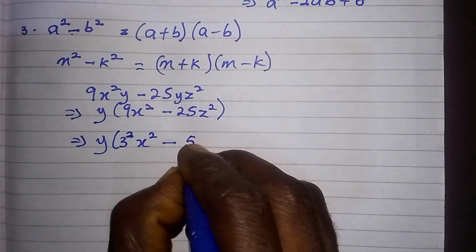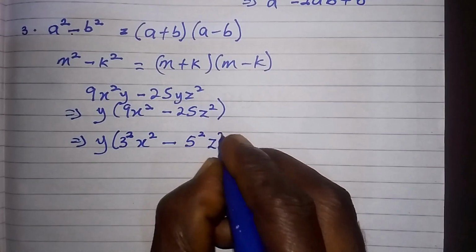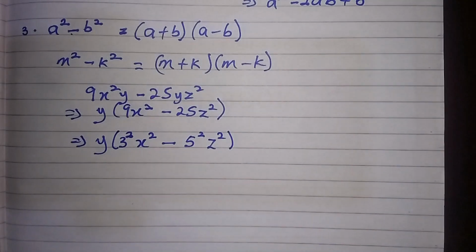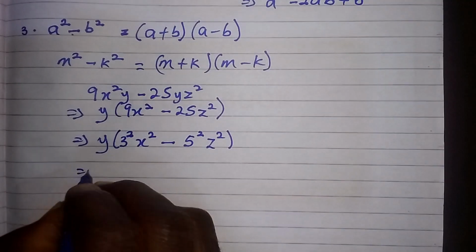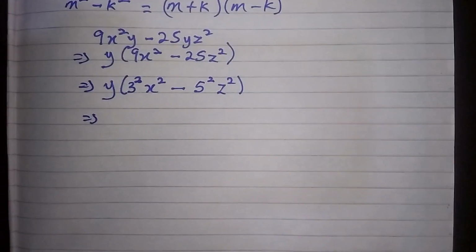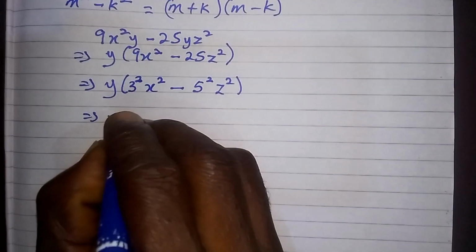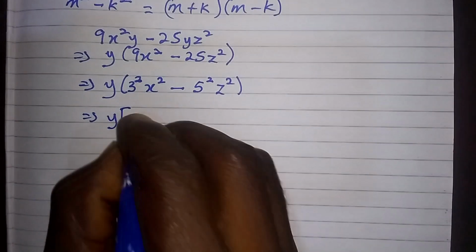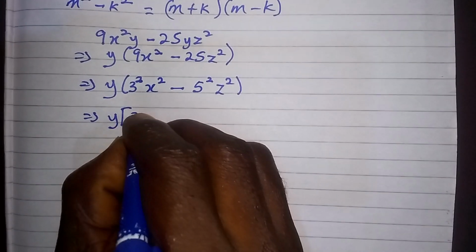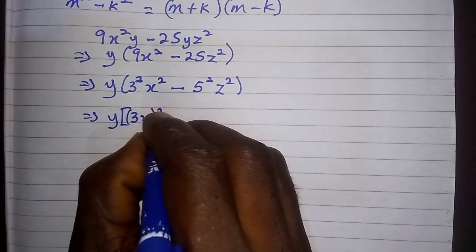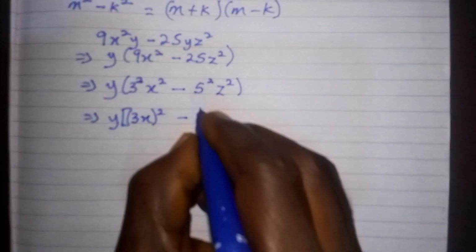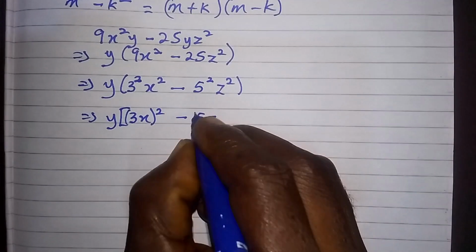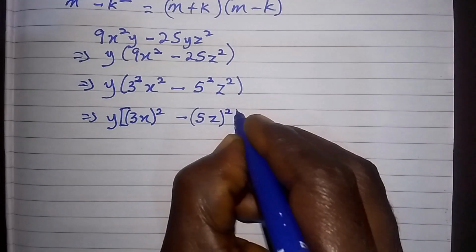So I have 5 squared z squared. Hope we can see where we are arriving at. So what we simply do here is that we have y outside. I have 3x, giving all this a single square, minus 5z, all this a single square.